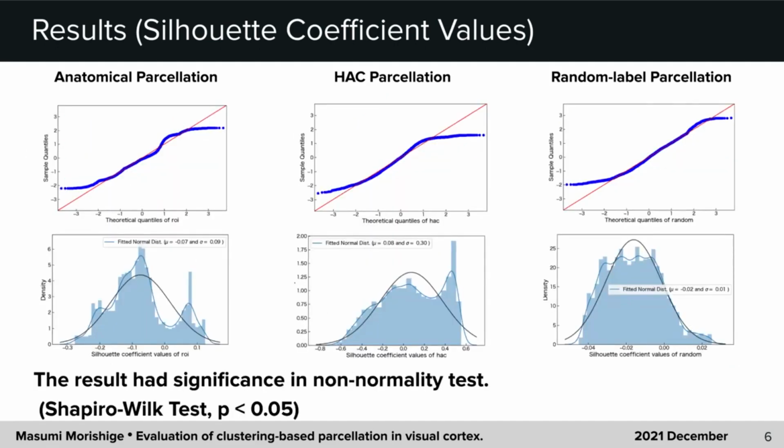We then statistically tested the silhouette coefficient value. First, we tested its normality to decide the statistical methods. The Shapiro-Wilk test was significant, which means that there is no normality in the score distribution. Therefore, we decided to use the Kruskal-Wallis test and the Mann-Whitney test for the post hoc analysis.